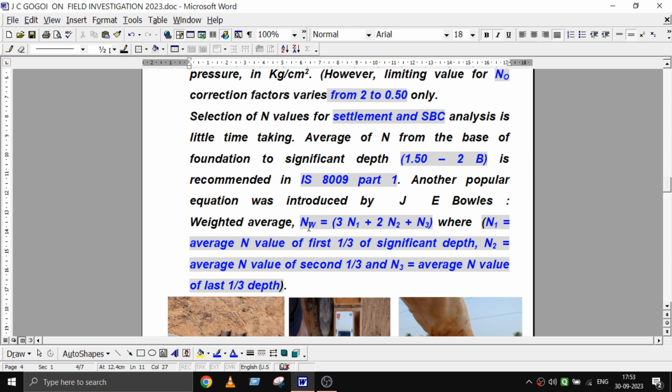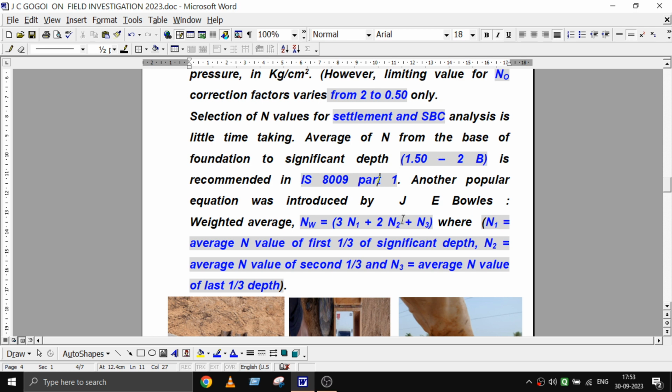He suggested this equation: N_w equals 3N1 plus 2N2 plus N3. In his opinion, this N1 will be the first 50% of B, which he has considered up to 1.5B.